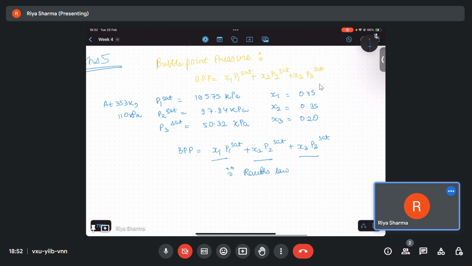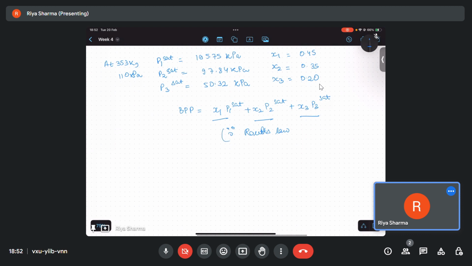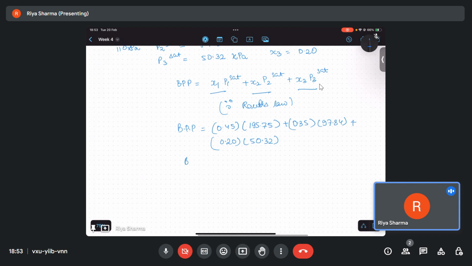So if I solve this, how much will I get? X1 is 0.45 into 195.75 plus 0.35 into 97.84 plus 0.20 into 50.32. Can you solve this?